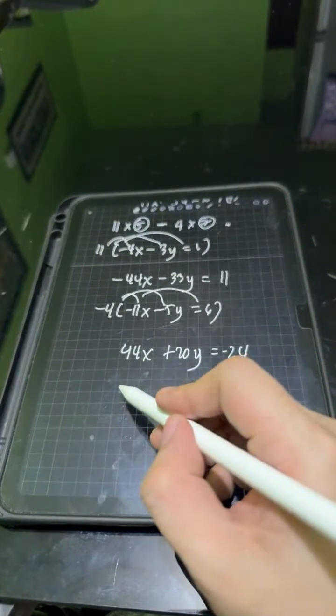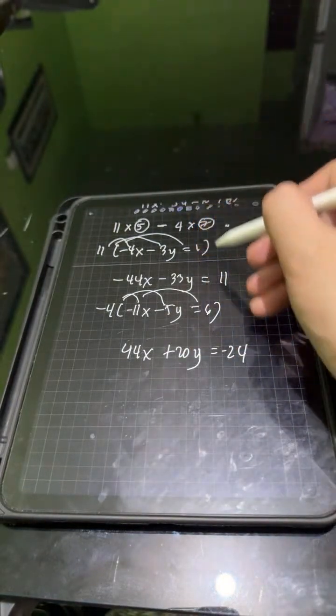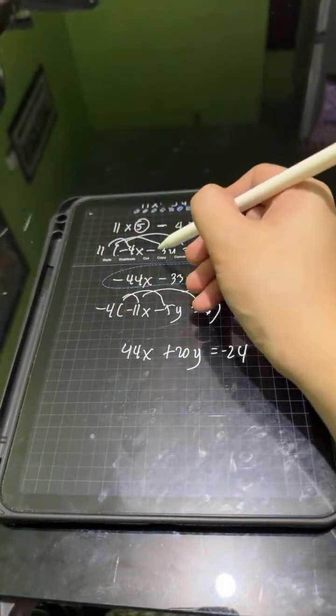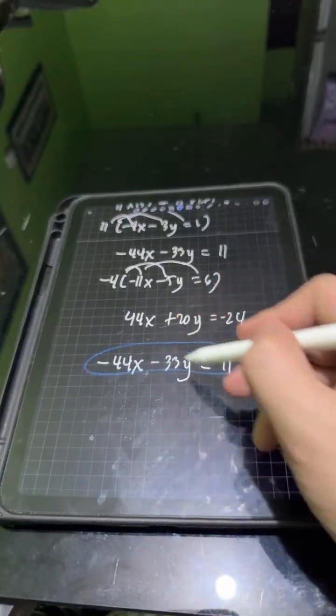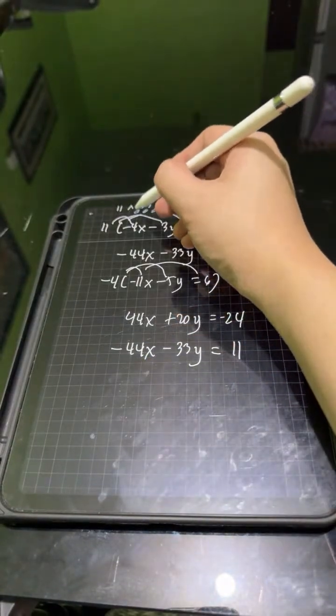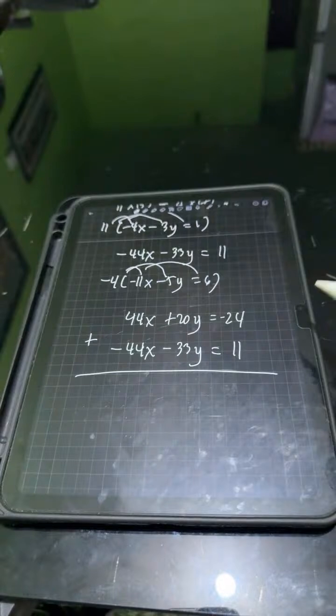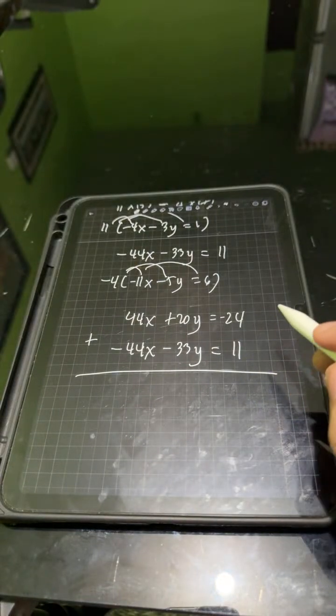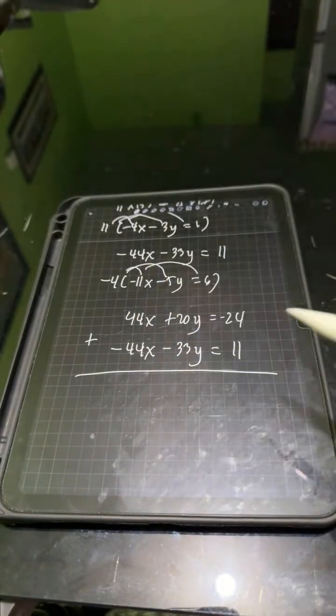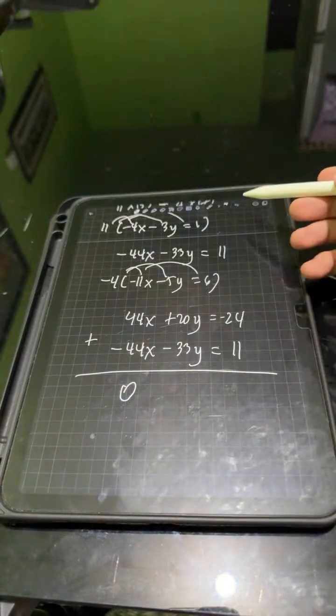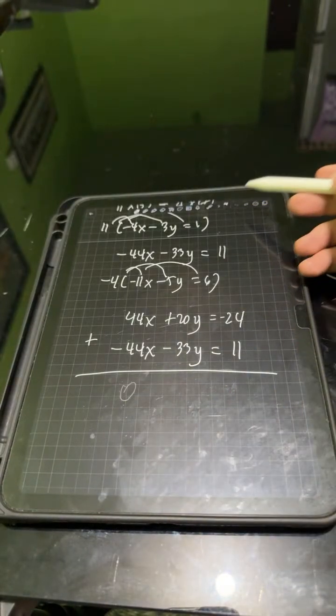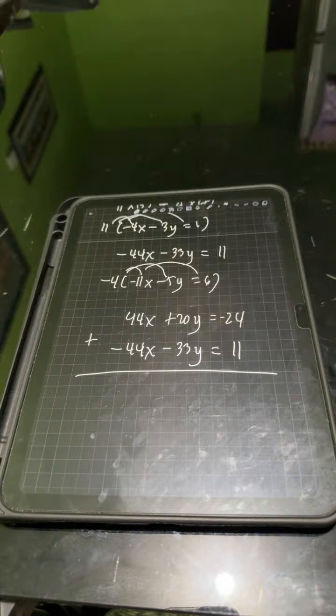So if we add this equation with this equation, we can eliminate the x. So 44x plus negative 44x, so 0x. We already eliminated the x variable.